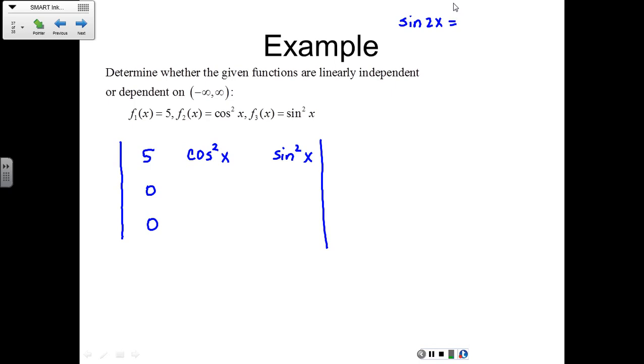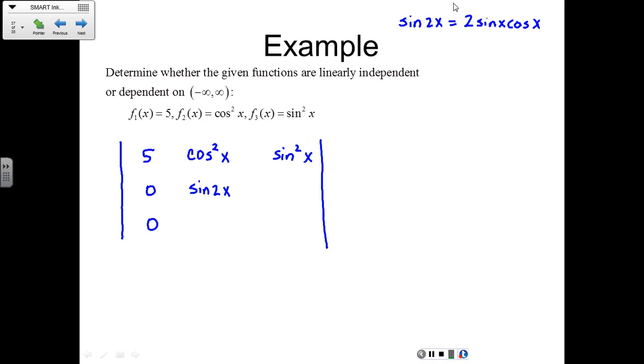It's sine of 2x. I'm going to replace that just because that's an identity, a double angle identity. I'm going to say that this is sine of 2x, the derivative is. It's going to help me with my math. That's one reason I want to do it. That's a double angle identity. 2 sine x cosine x is sine of 2x.